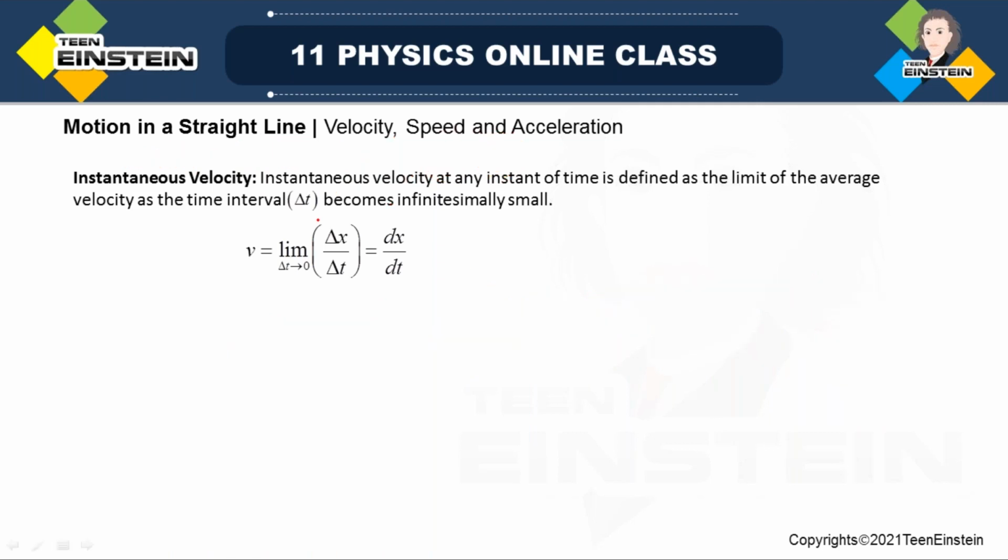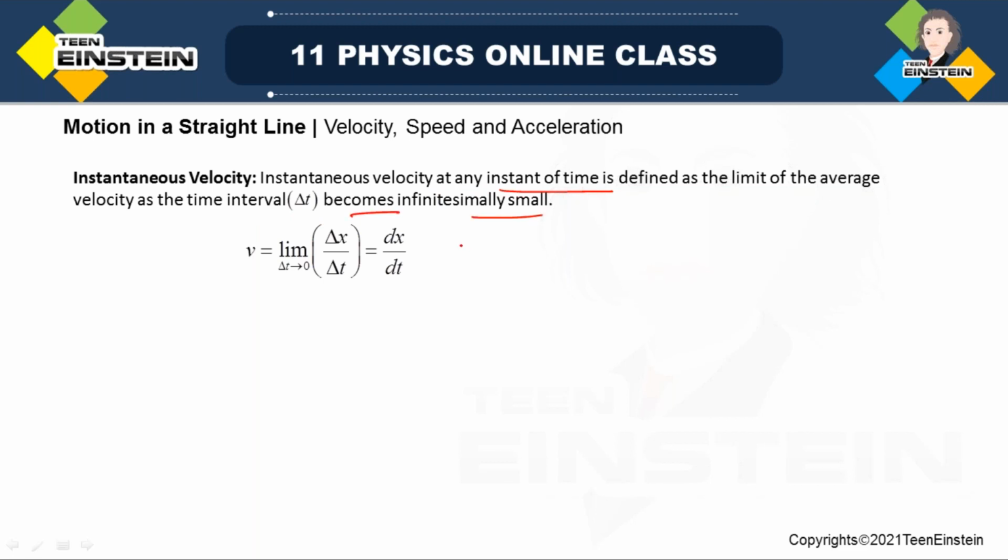Now look, what is instantaneous velocity? We'll define that. Instantaneous velocity of an object at any instant of time is defined as the limit of average velocity as the time interval delta t becomes infinitesimally small.